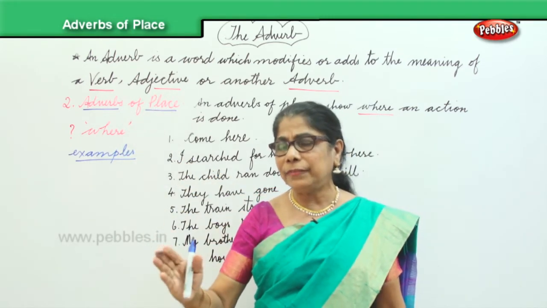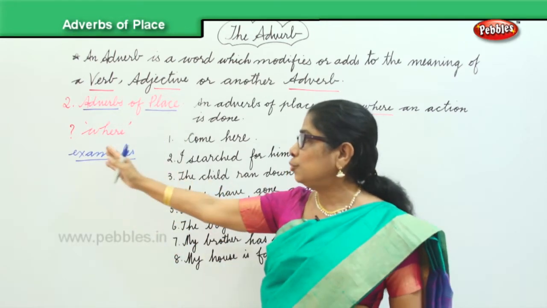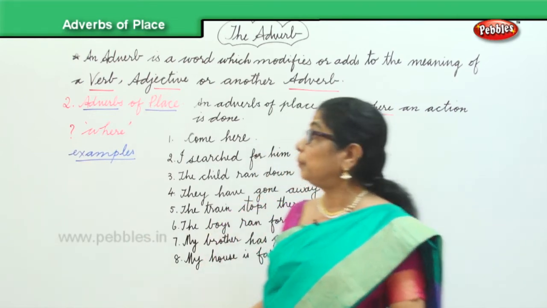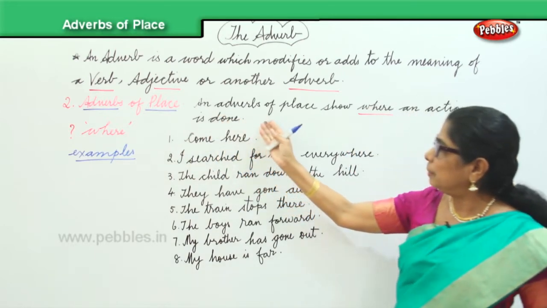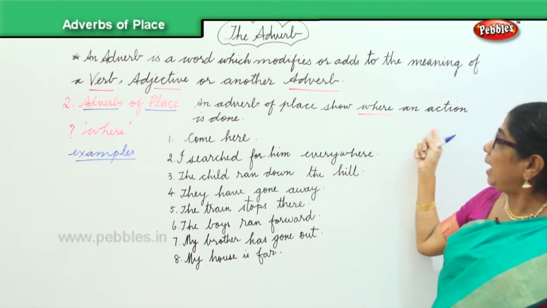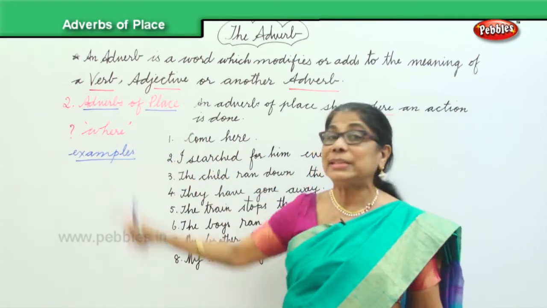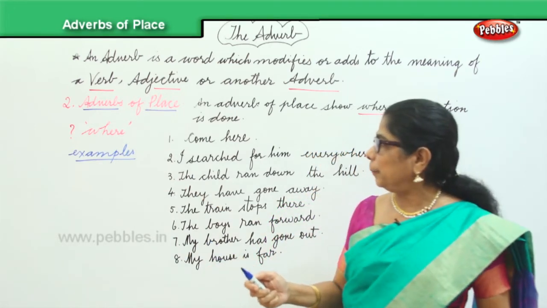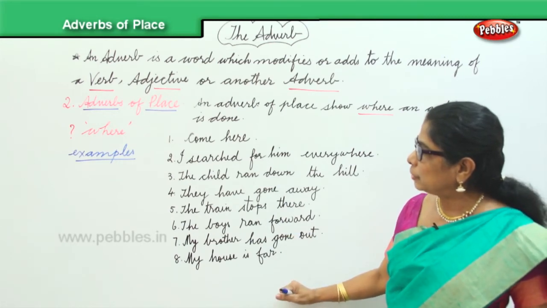To identify in the sentence if it is an adverb of place, you simply ask the question where. Where was the action done? An adverb of place shows where an action is done. So remember the question where to ask of the sentence.